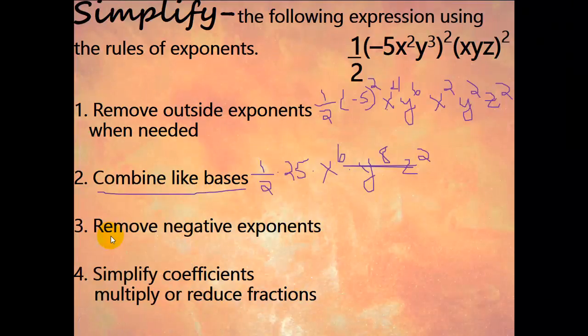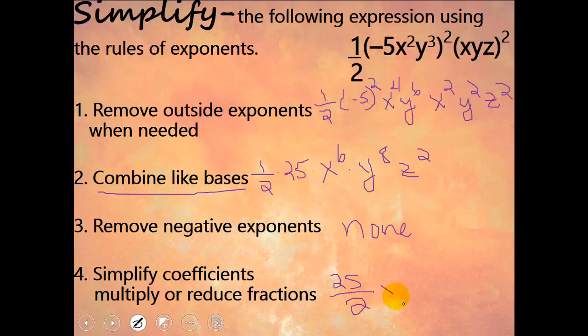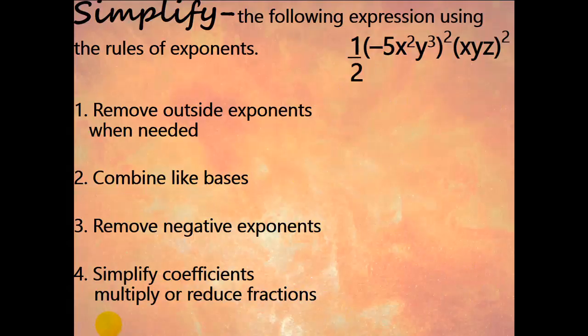Notice that I don't have any negative exponents. So now I'm just going to simplify my coefficients. It's 25 over 2, x to the 6th, y to the 8th, z squared.